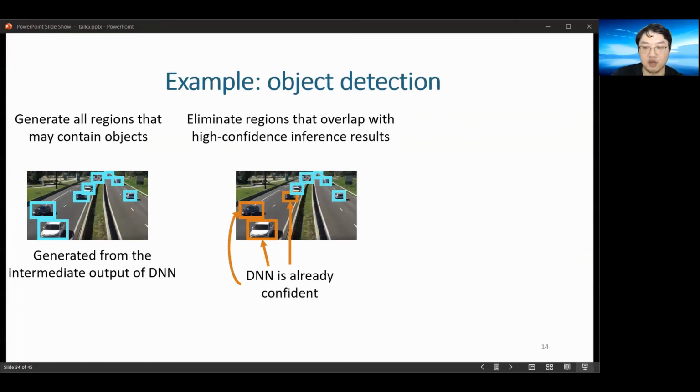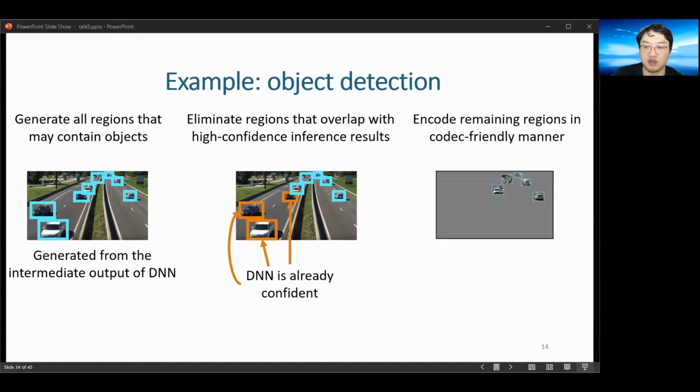So in the figure, three orange bounding boxes are eliminated since the DNN is already confident. The rationale is that these objects are confidently detected in the low quality, and thus don't need to be re-encoded again. Third, we encode these regions in high quality in a codec-friendly manner. In object detection, we just directly encode the bounding boxes, since bounding boxes are pretty friendly to the codec.